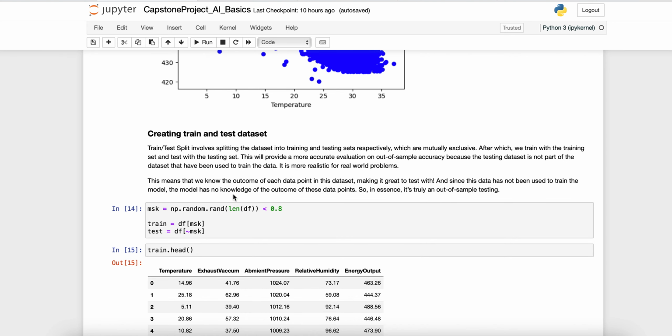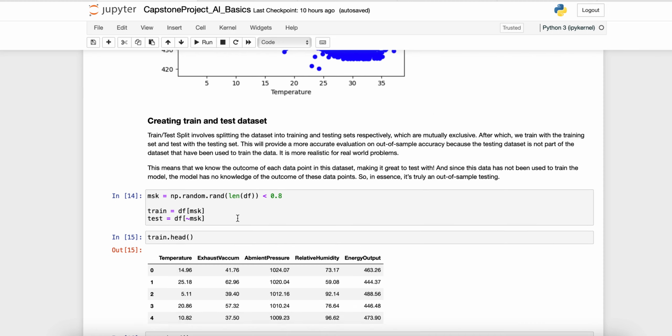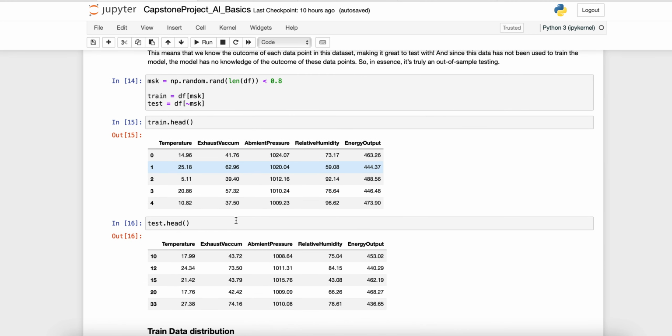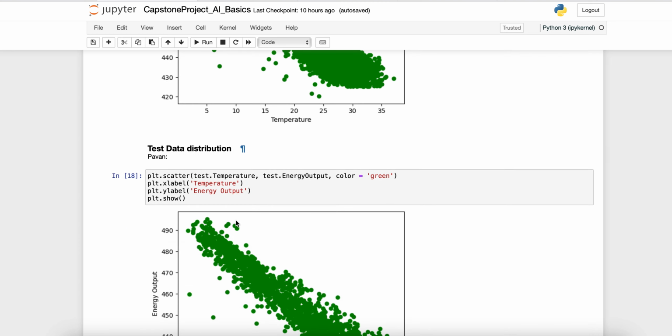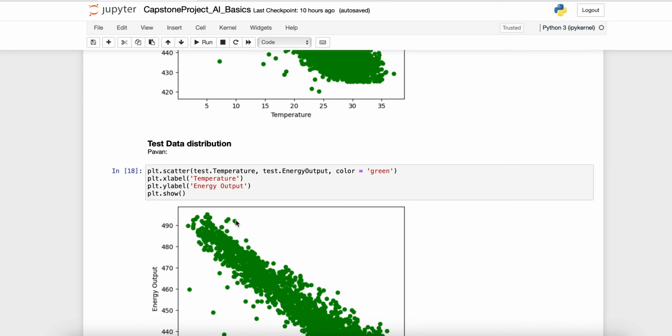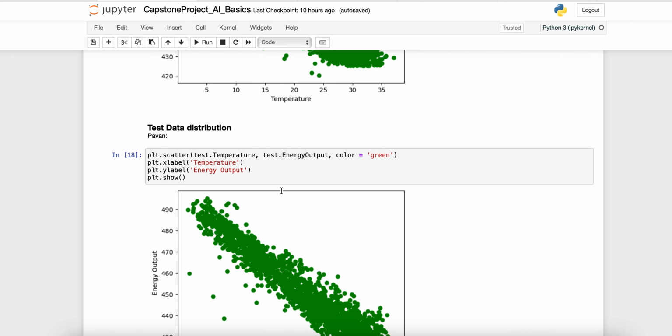Now I am splitting the data into two sections, train and test data. And I can draw the correlation for test and train data with respect to temperature for the target value, which is energy output.